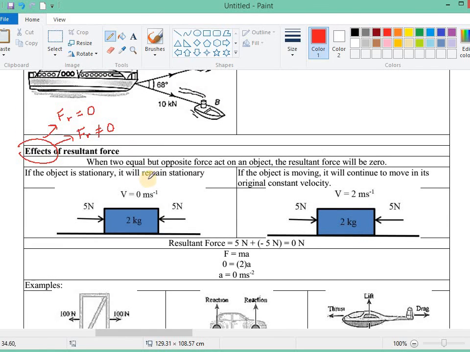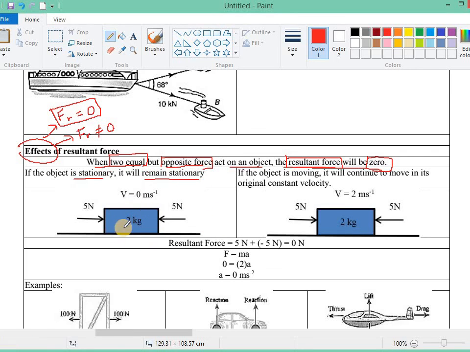So here, what we want to concentrate on is what if the resultant force is equal to 0? What will happen? Okay, so when two equal but opposite force act on an object, the resultant force will be 0. Okay, so if the object is stationary, it will remain stationary.